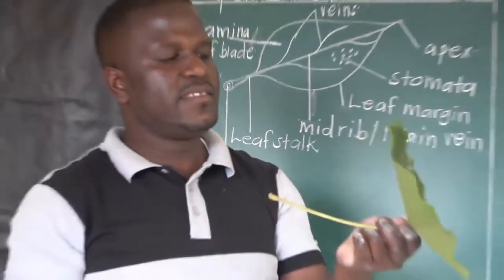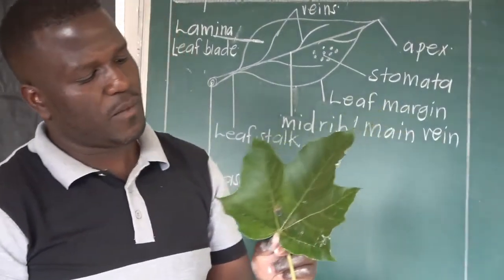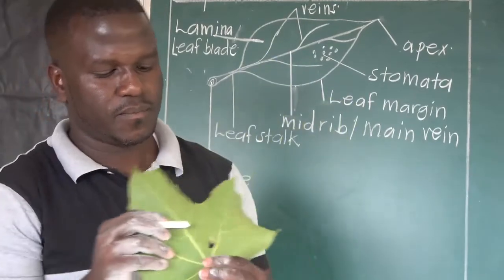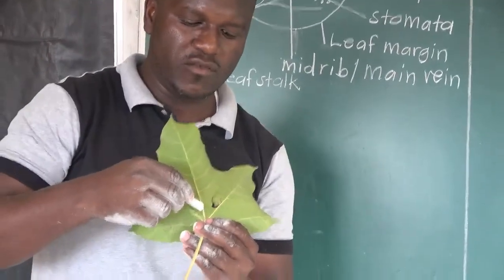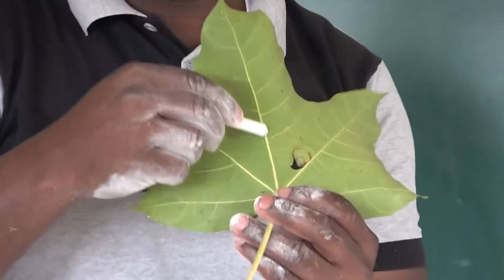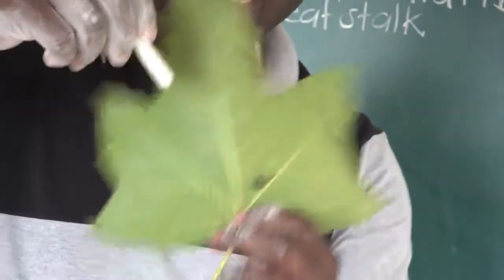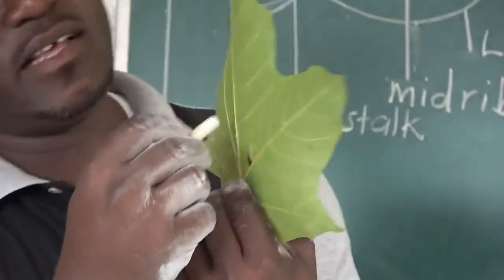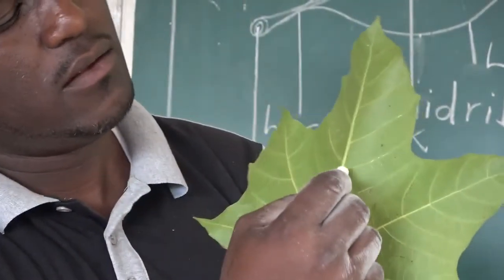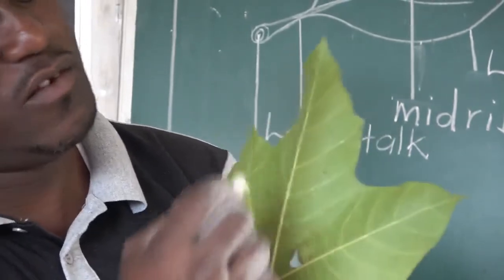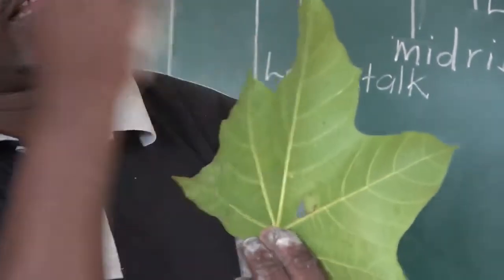Then in this leaf, we have veins. This one is called midrib or main vein. This midrib has small veins coming from it, going to different parts of the leaf.